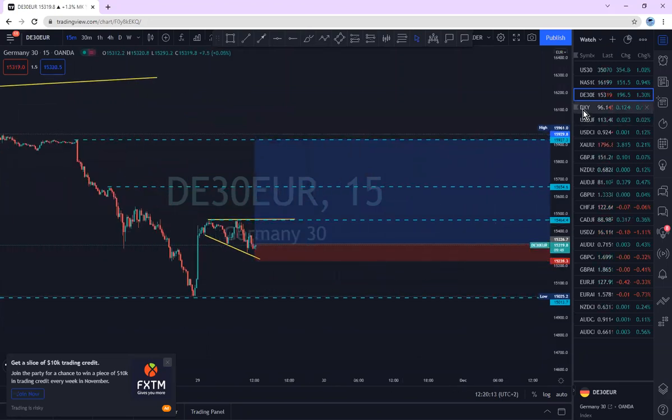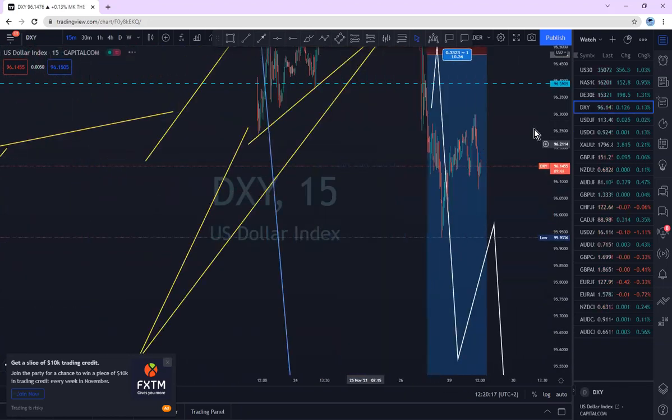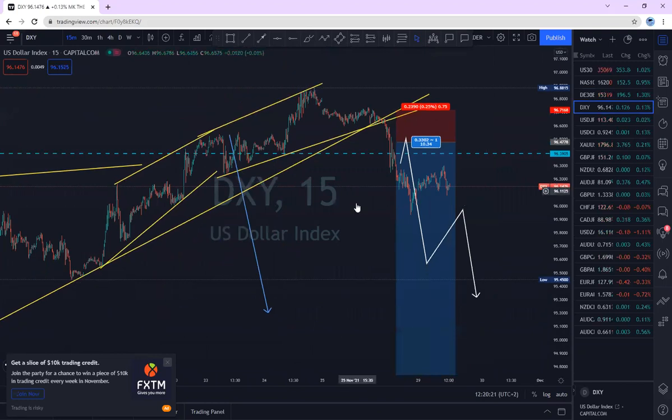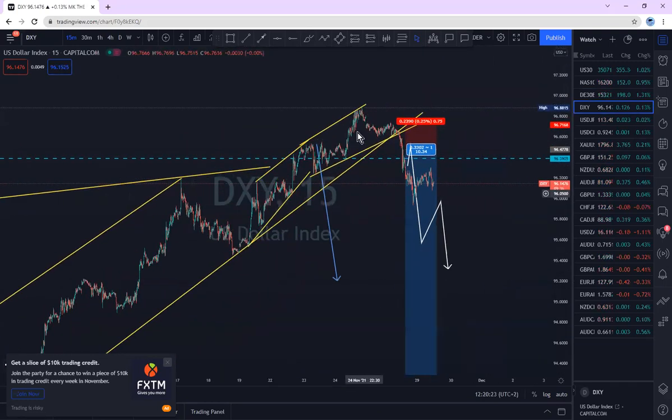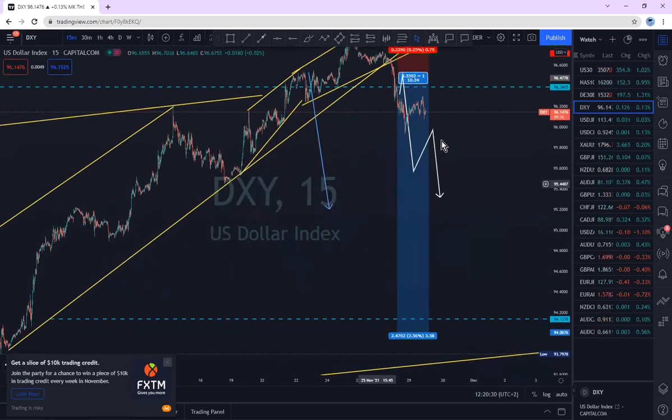All right, DXY, for those who are trading DXY, this was my analysis. I was expecting it to come back here after we had a major sell somewhere around this level, and then it went up, but it never took out this one. So I'm still expecting to see this one come down.